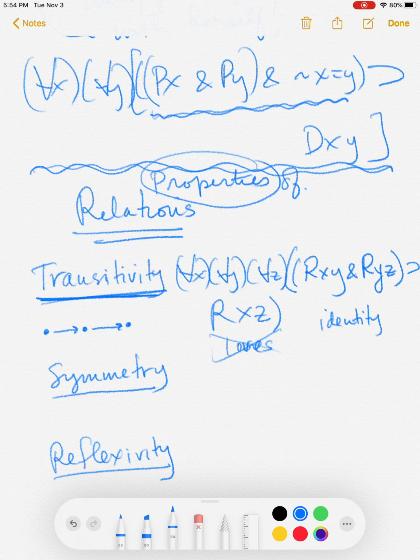Symmetry. The way we'd express that some relation R is symmetric is this way. For all x and for all y, if x R's y, then y R's x right back. So given any things, if one thing R's the other, then the other R's the one.